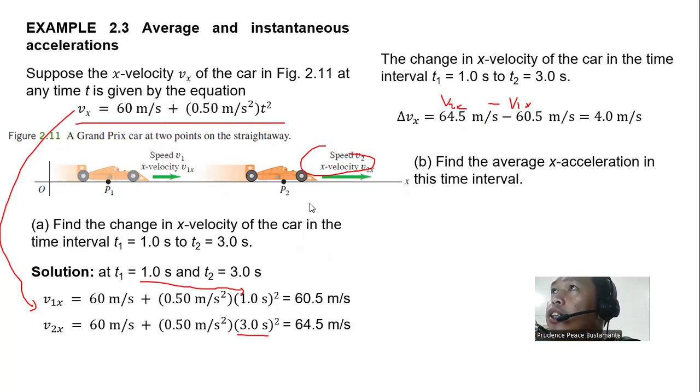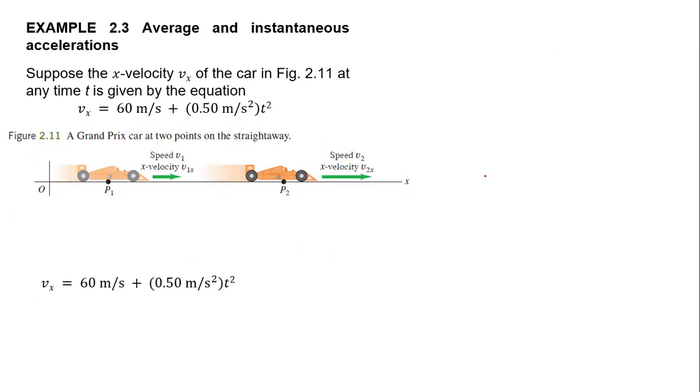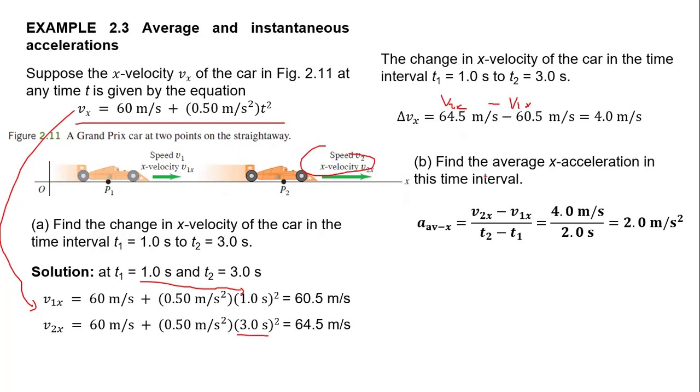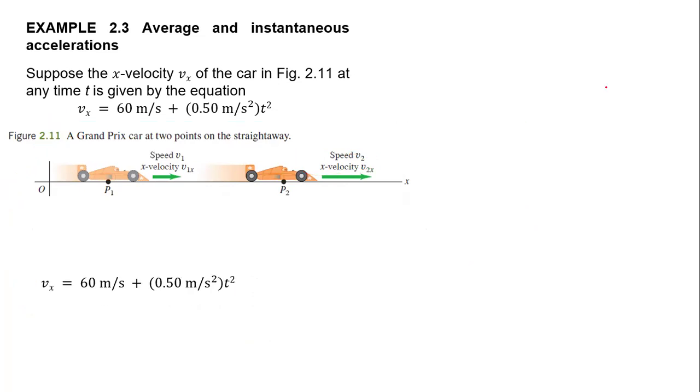If you are asked to find the average x acceleration in this time interval, your average acceleration is just the change of your particle's velocity over the time interval, which is 3 seconds minus 1 second, equal to 2.0 seconds. So you have 4 divided by 2, which is 2 meters per second squared.